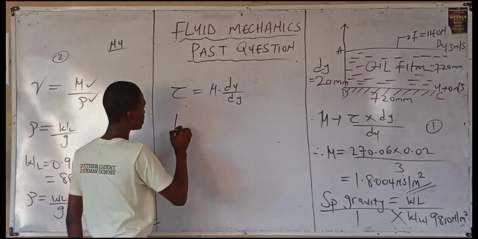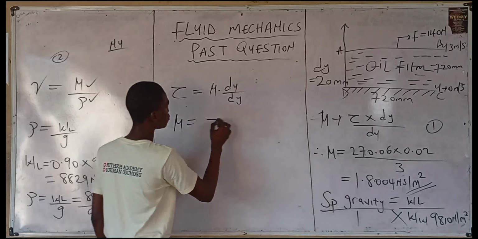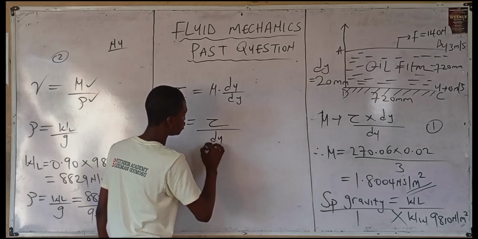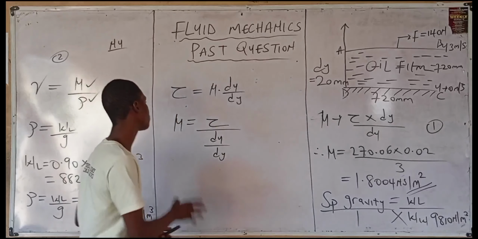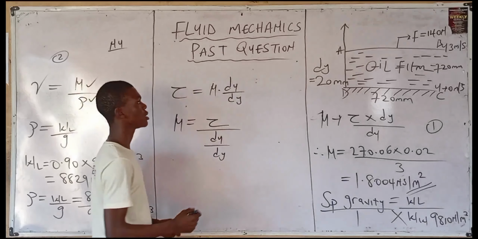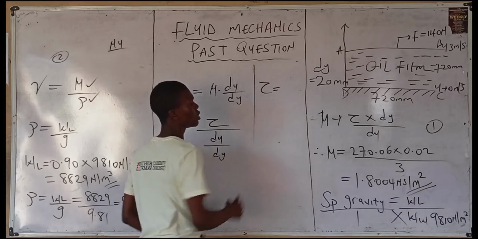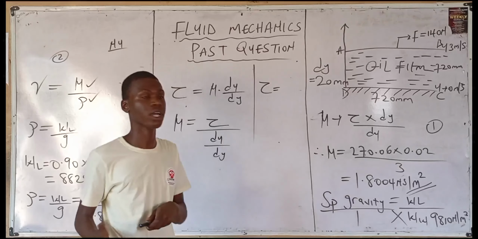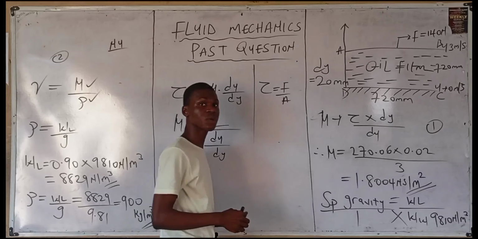It becomes dynamic viscosity is equal to your shearing stress divided by du over dy, right? Now, let's write dynamic viscosity in terms of units. What's the unit for your shearing stress? Shearing stress is equal to force over area.